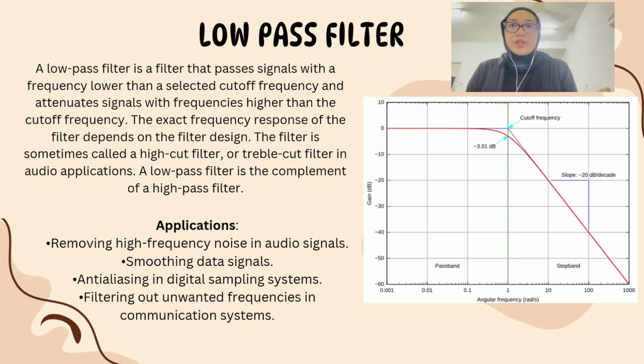A low pass filter is the complement of a high pass filter. Applications include removing high frequency noise in audio signals, smoothing data signals, anti-aliasing in digital sampling systems, and filtering out unwanted frequencies in communication systems.